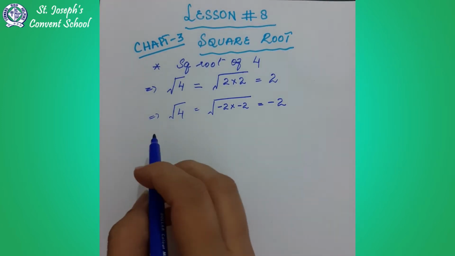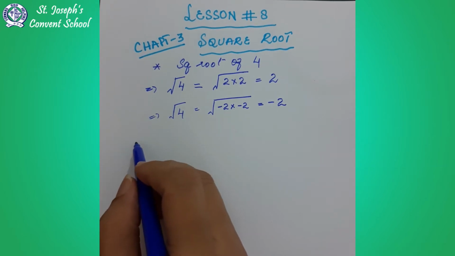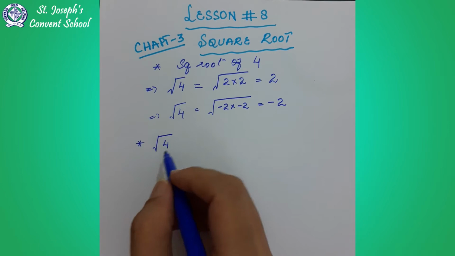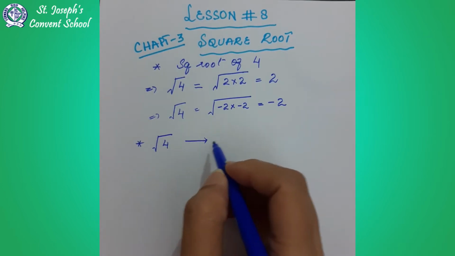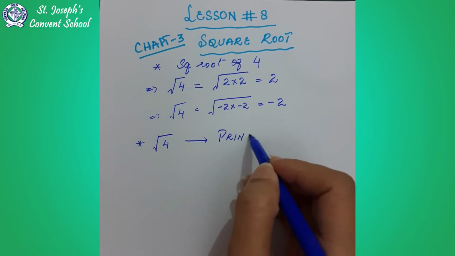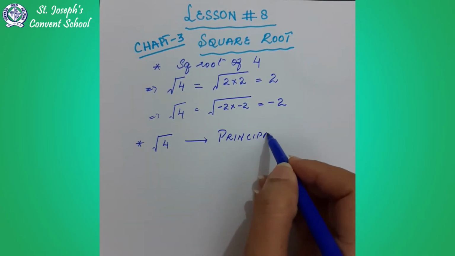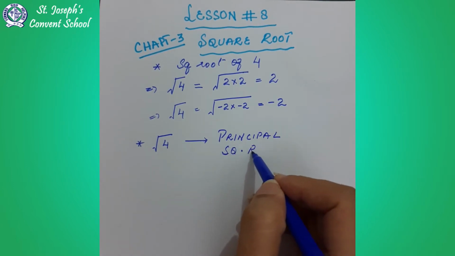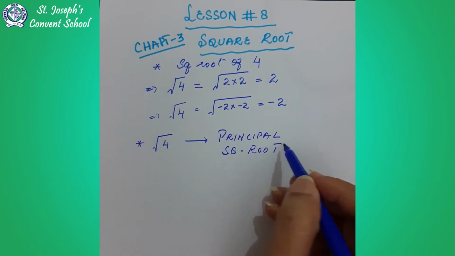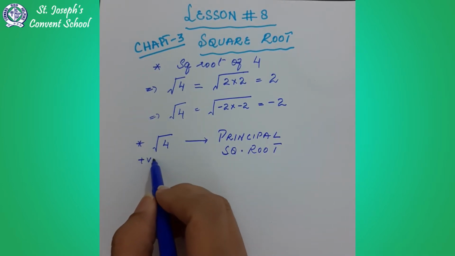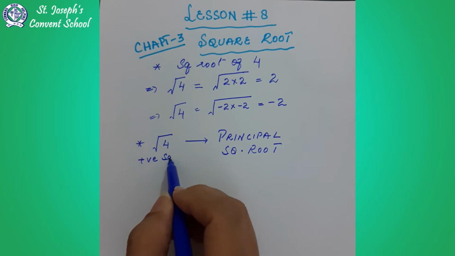So the plus one, plus root 4, is known as the principal square root. Okay, this is known as the principal square root. This is positive, okay? Positive square root.